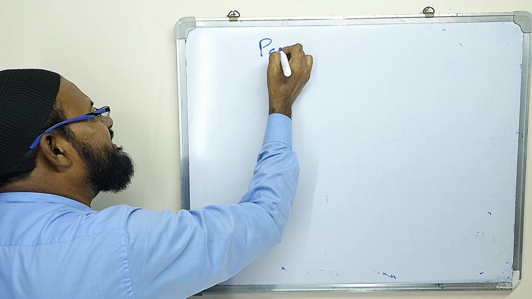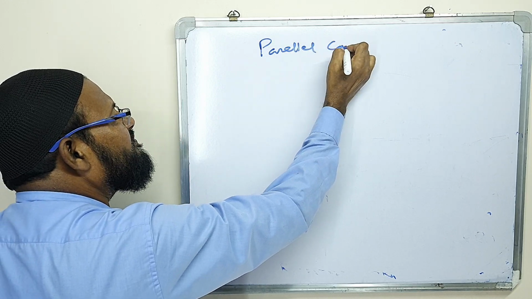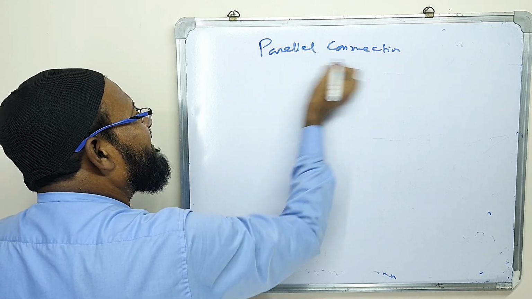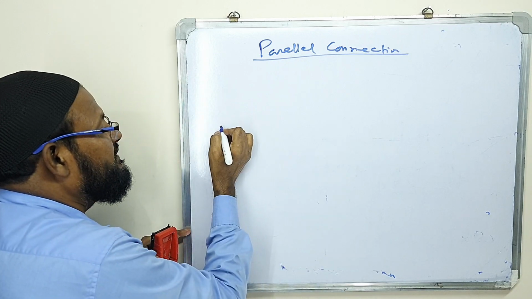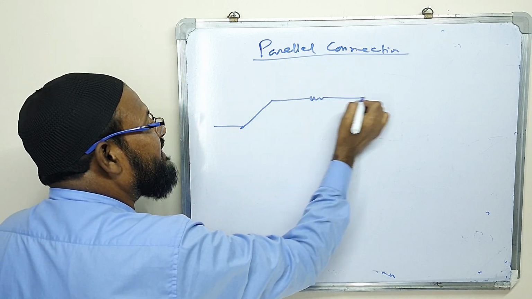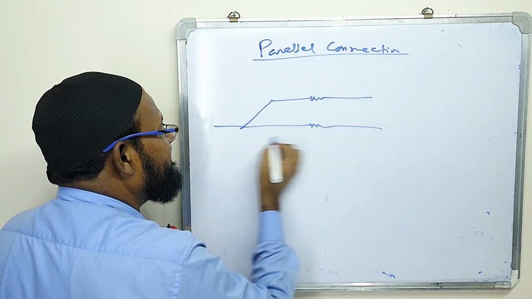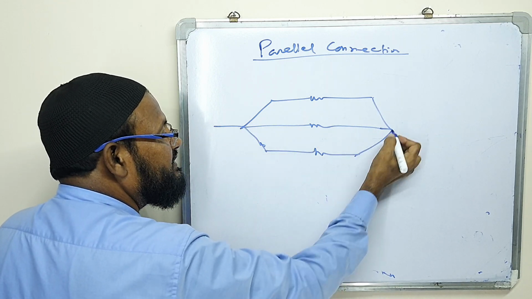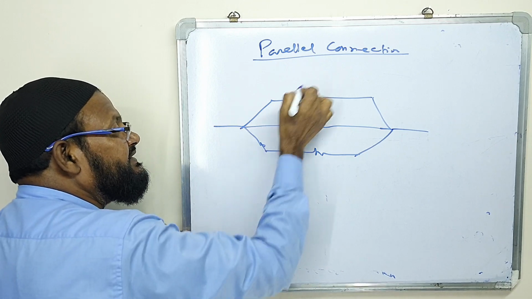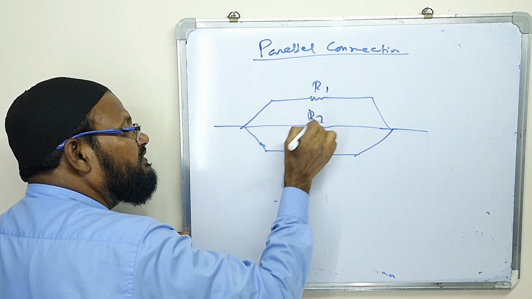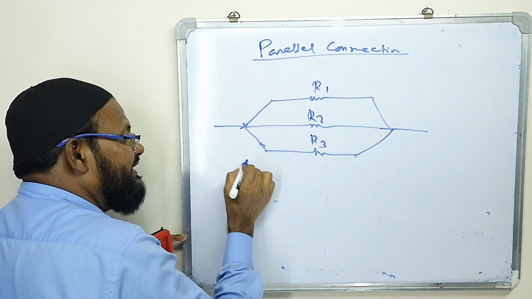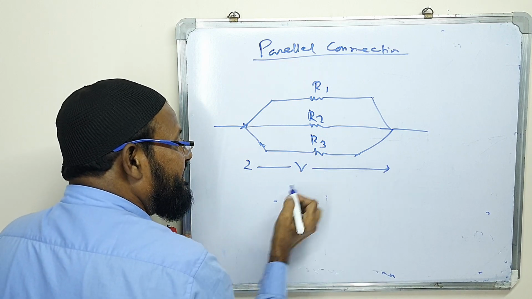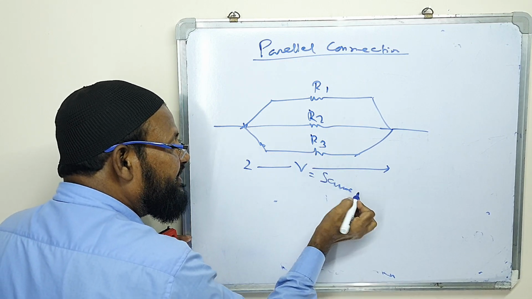Now please be careful. Sir, parallel connection. First thing, what is the figure? This is R1, this is R2. I am taking only 3 first. Be careful. Here, this is R1, this is R2, and this is R3. Here to here, first thing, V is the same. This is important.